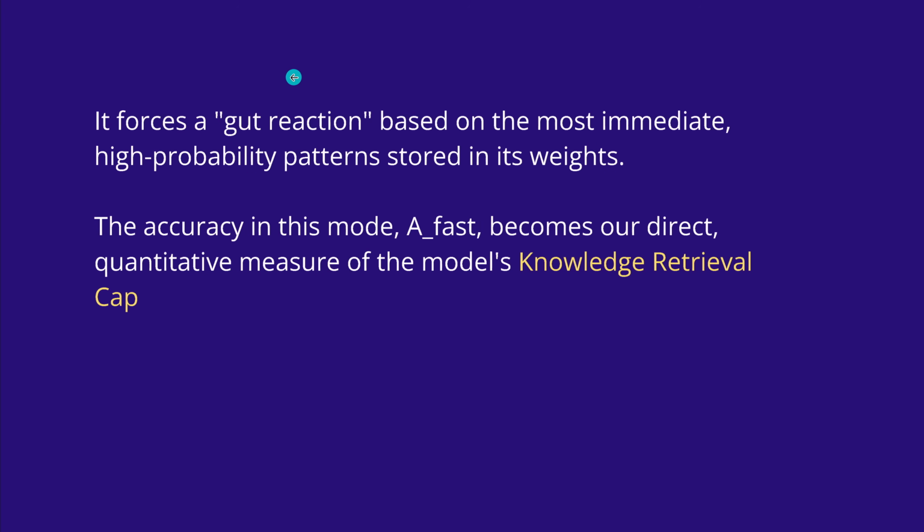So this AI has now a gut reaction based on its most immediate high probable patterns stored inside its tensor weight structures of the layers of the transformer. And we get an immediate accuracy of this model. Let's call it A fast, the accuracy of the fast thinking model. And this becomes our direct quantitative measure of the knowledge retrieval capability.